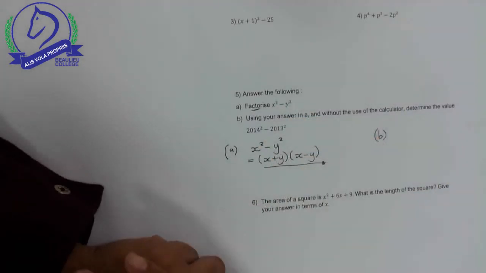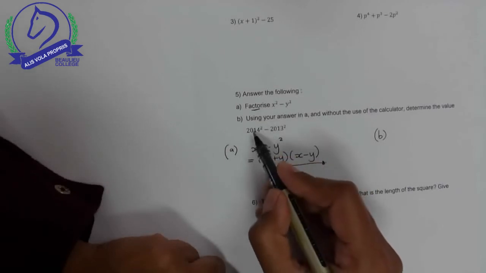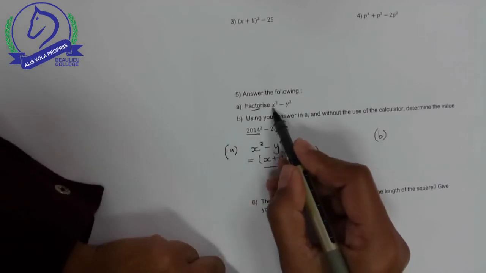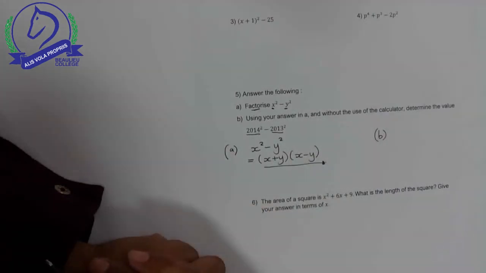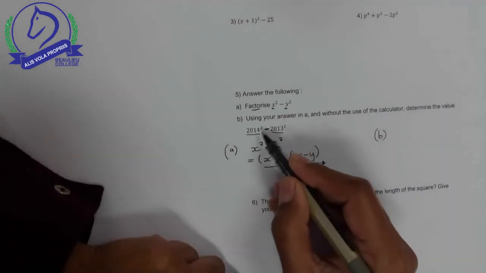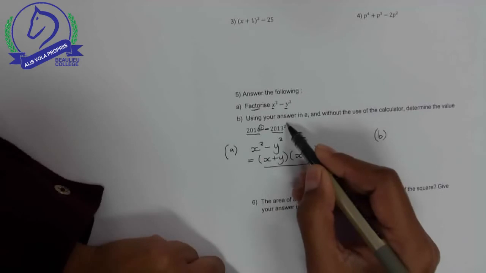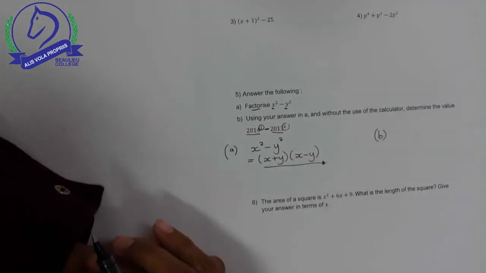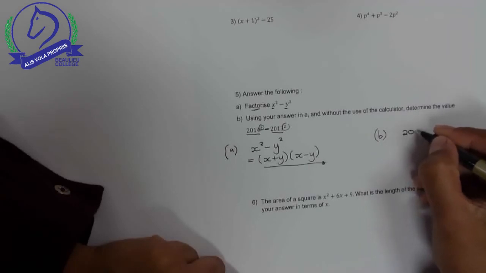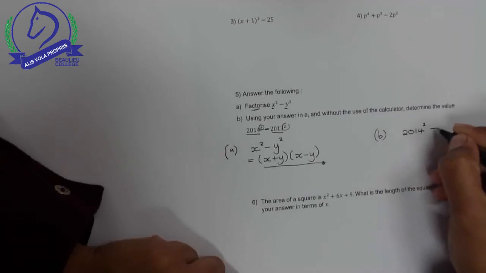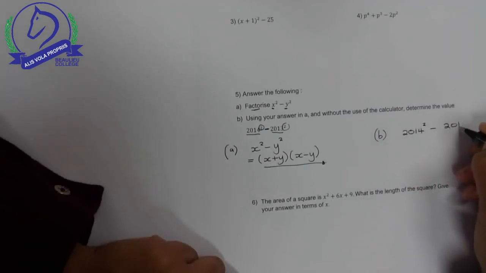That's why they asked you to refer to question A. And if you think about it, 2014 is representing X and 2013 is representing Y. There's a difference. There are two terms and both of these have a power of 2, which makes them perfect squares. So all you had to do for question 5b is apply difference of two squares.